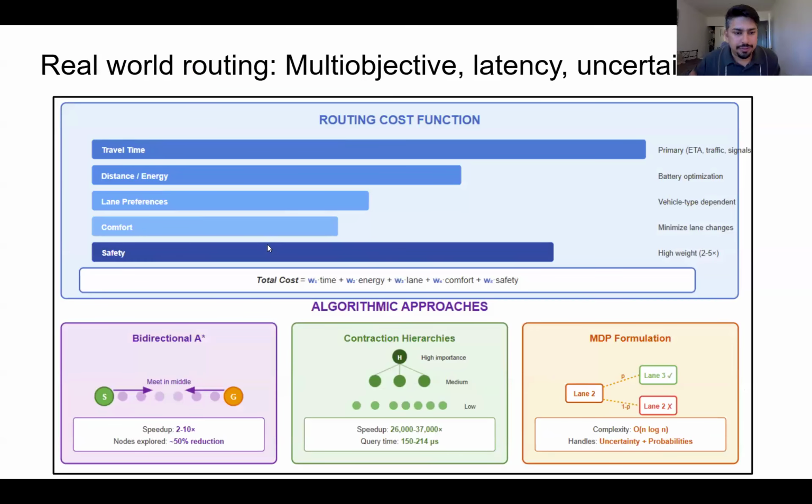Coming back here, some of the approaches that we have, one of the common ones, is that if you have a large graph, you can use a bidirectional A-star, which runs two searches from both fronts, the start and the goal, and you want them to meet somewhere in the middle. This in general cuts the timing by at least half, because you are cutting a lot of the large search space which a single search would cover.